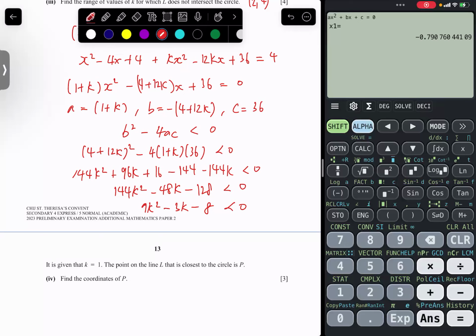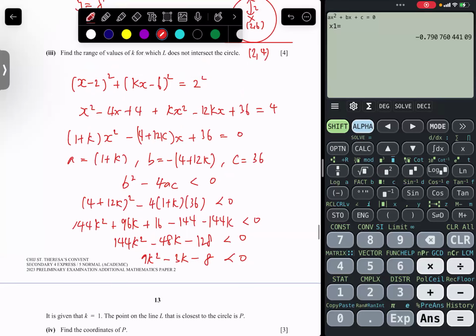Okay, let's see. 16 plus 96k plus 144k squared minus 144 minus 144k. Oh, I see my mistake.